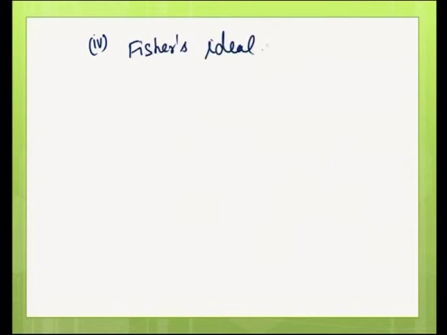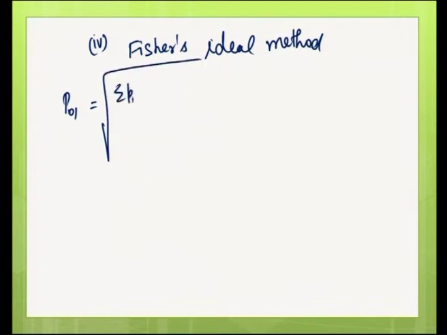Okay. Next method we are supposed to calculate is Fisher's ideal method. Fisher's ideal method, P01 is equal to square root of summation P1 Q naught by summation P naught Q naught into summation P1 Q1 by summation P naught Q1.